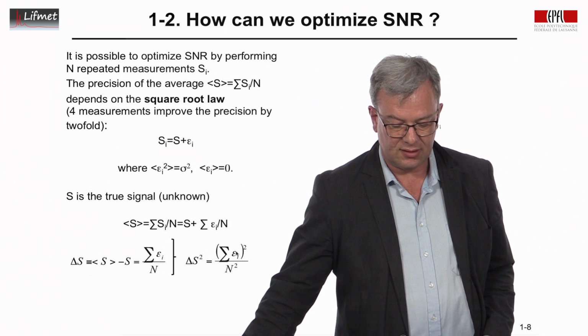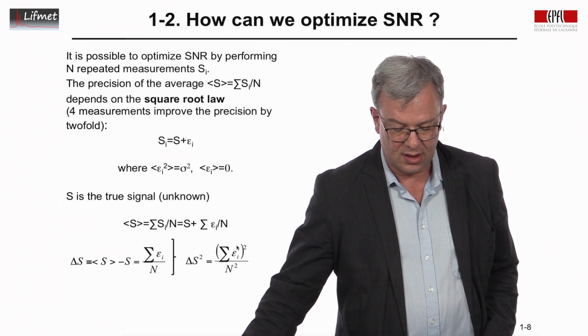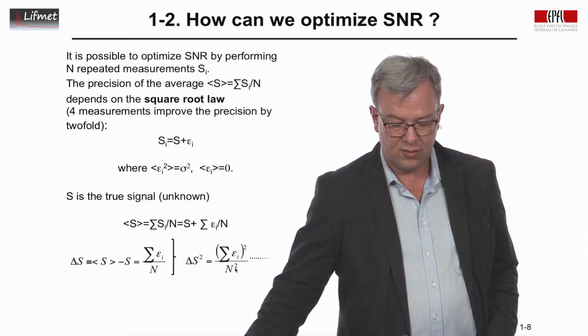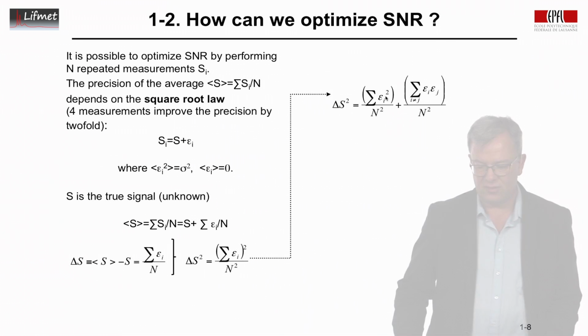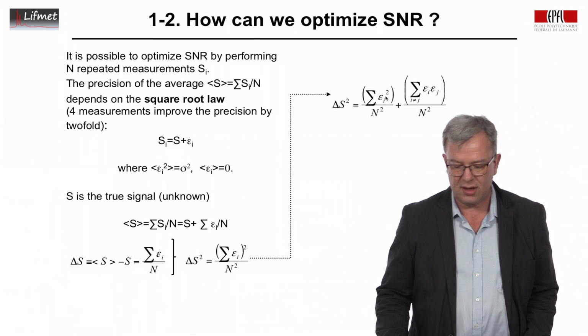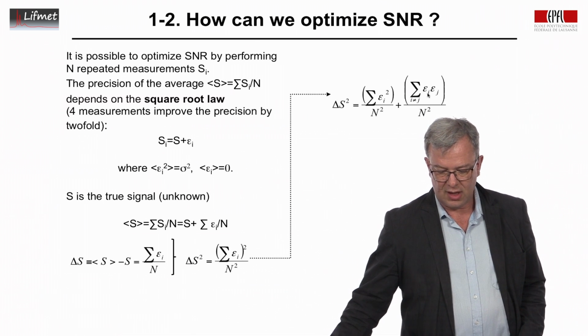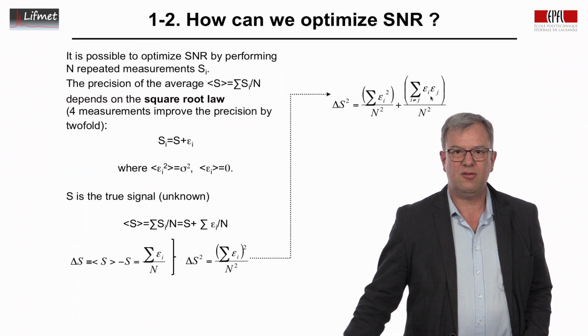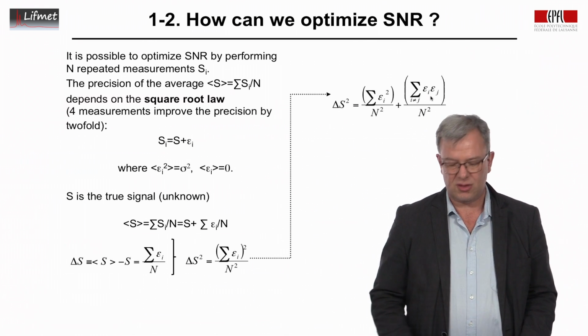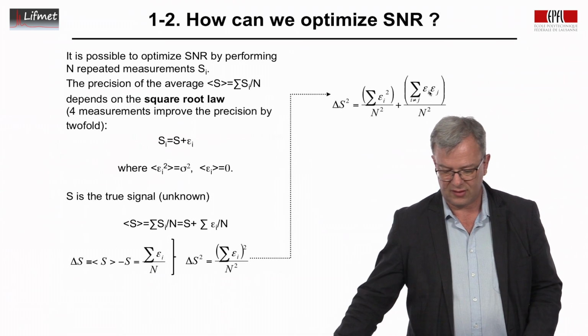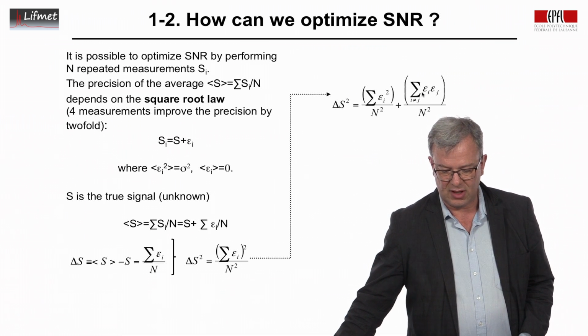So that's the sum of epsilon_i, squared, divided by n squared. And now we will dissect this sum into different terms. We have the terms where epsilon_i is multiplied by epsilon_i, so this gives us a sum of epsilon_i squared. And then we have a sum where i and j are not the same, so the error of the second measurement is multiplied by the error of the third measurement, etc. That's all over all samples. That's this term here.